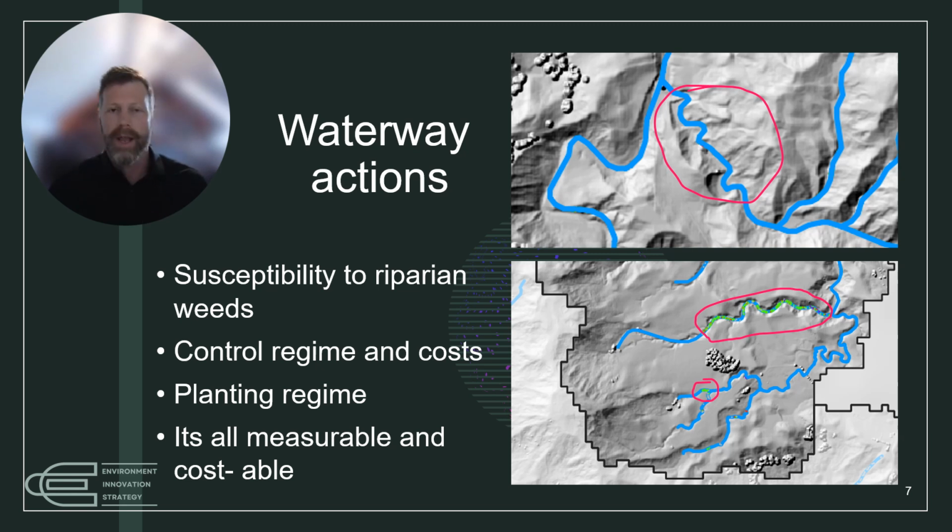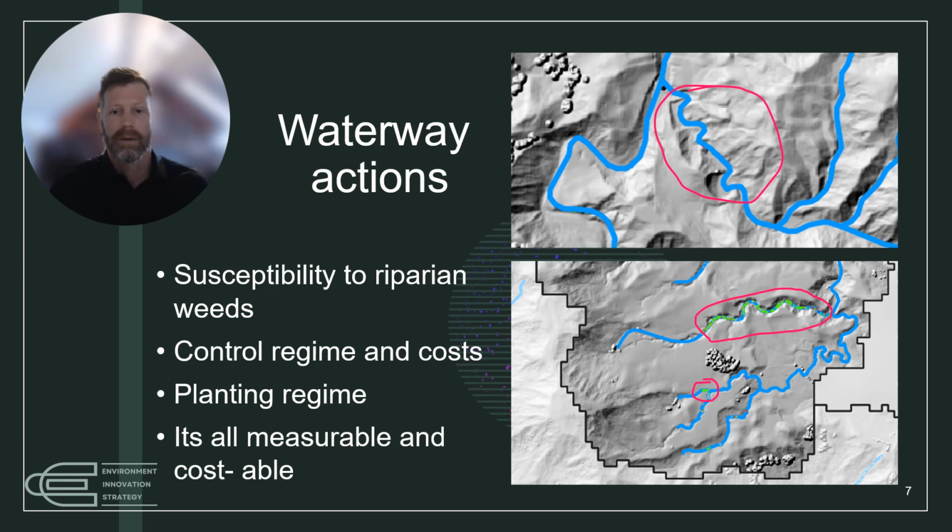So how we are using it is in these two main ways. Identifying riparian areas, waterway areas, that are absent of vegetation. And we're doing that for a couple of reasons. They're really susceptible to weeds. In this area, we've got water celery, cowcress, whatever you want to call it, really invading this entire catchment.